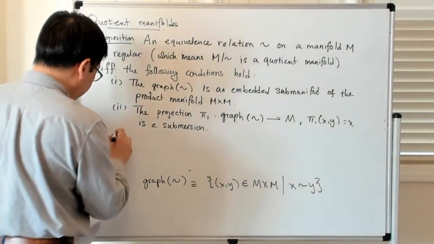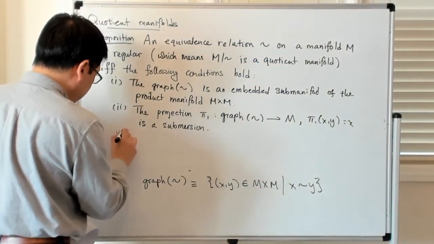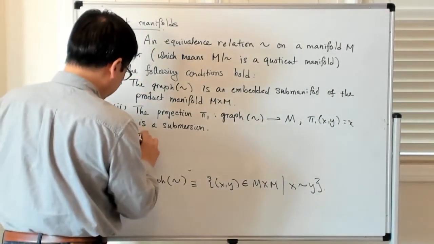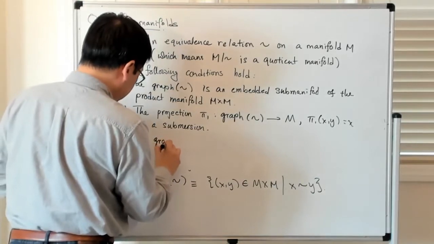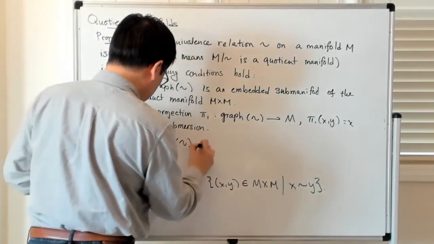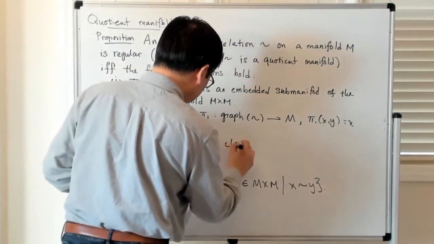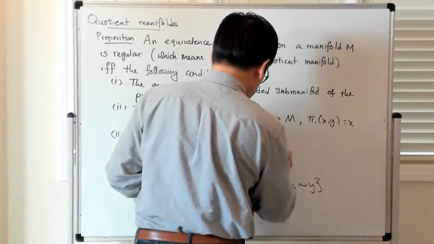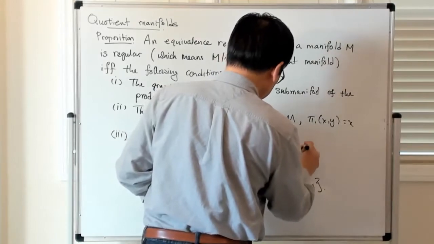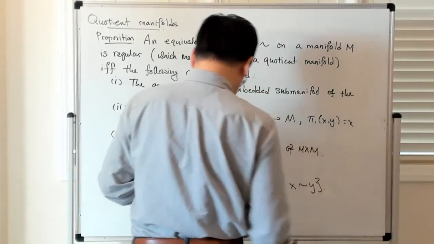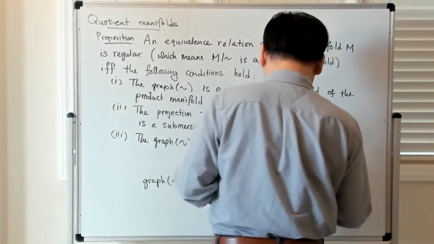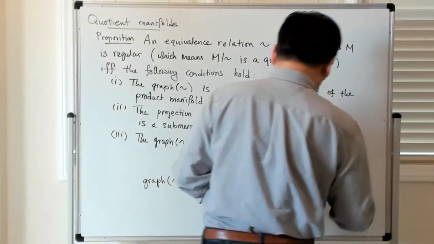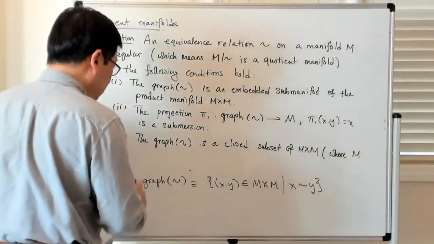And the third property is that the graph is a closed subset of M cross M, where M is endowed with its manifold topology.